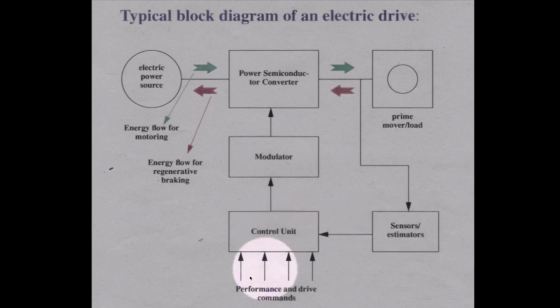It will take a set of performance drive commands and pass them through a PWM modulator, space vector PWM modulation, which will switch on and off the power semiconductor inverter, so that you get the required performance out of the induction motor, prime mover, load combination.